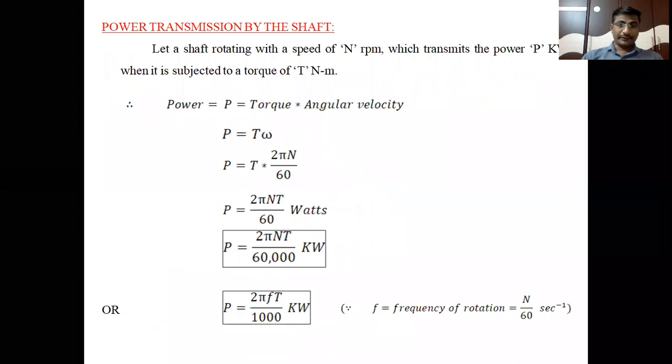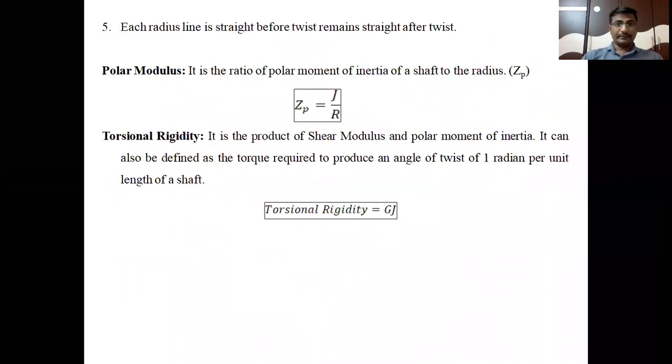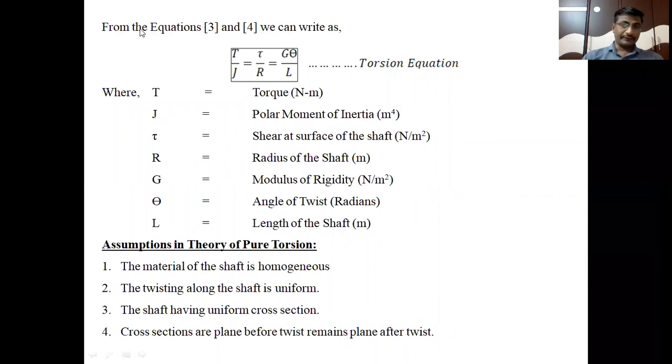As we know, the torsion equation is T by J is equal to tau by R is equal to G theta by L, where capital T is the torque applied on a shaft, J is the polar moment of inertia, tau is the shear stress acting on the surface of the shaft, capital R is the radius of the shaft, G is the rigidity modulus, theta is the angle of twist in radians, and L is the length of the shaft. This is the torsion equation.